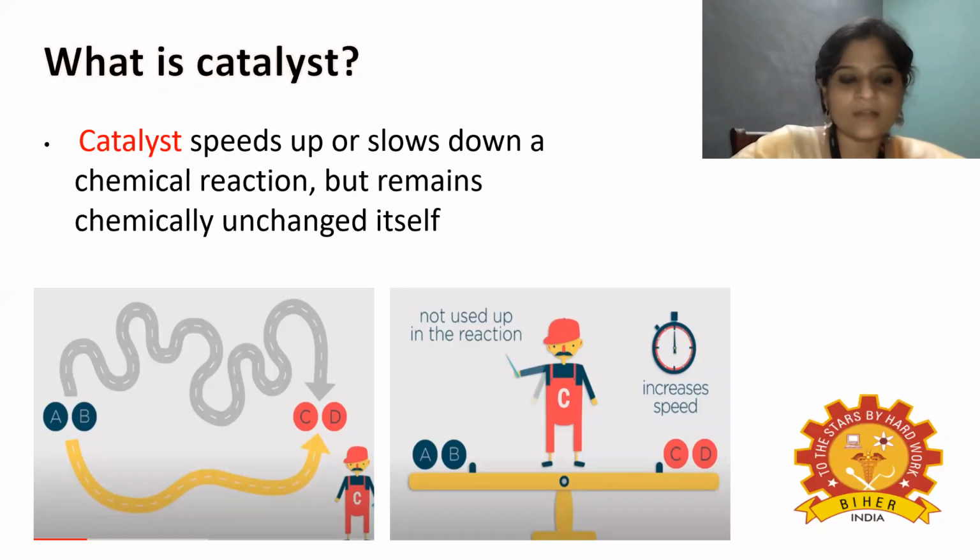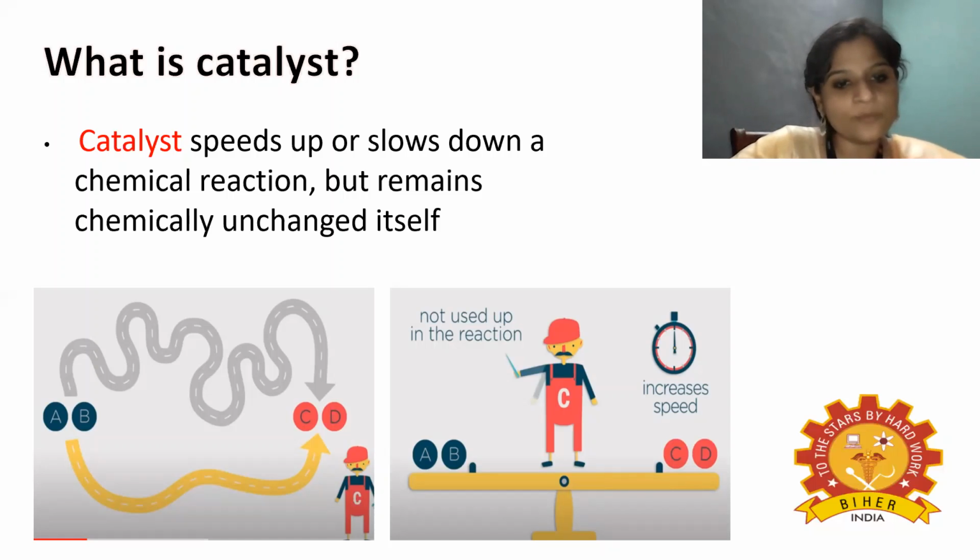Say, for example, the reactants A and B give the products C and D. How will the catalyst influence this reaction?